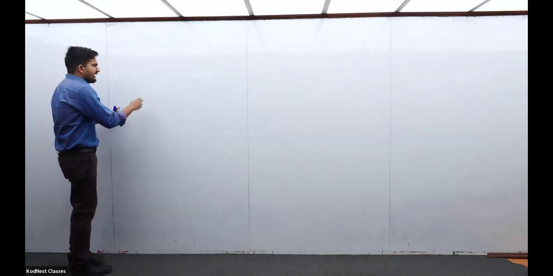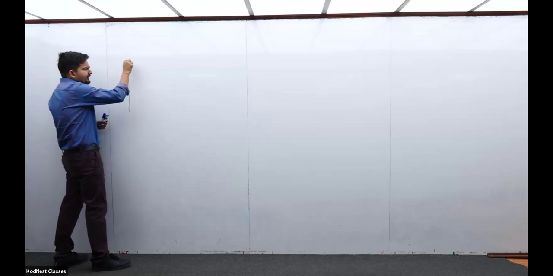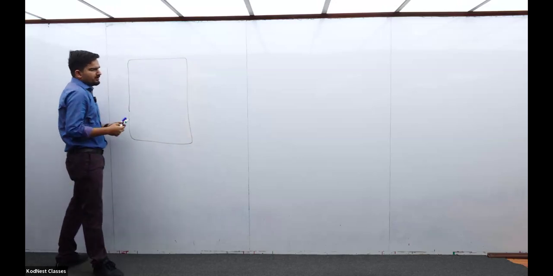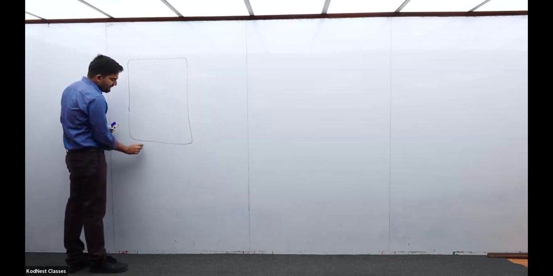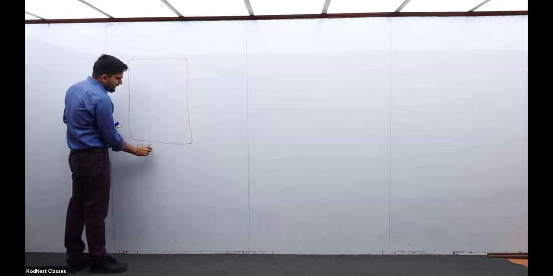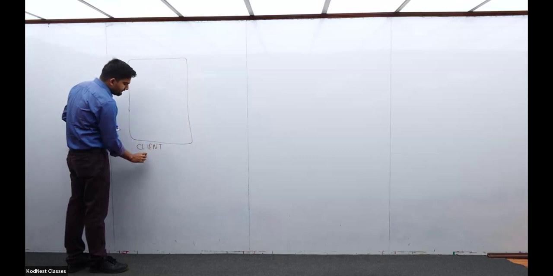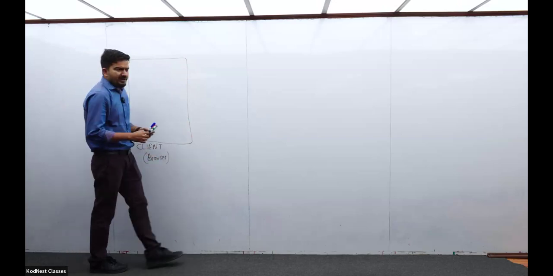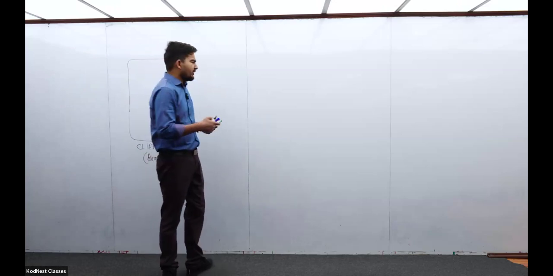So what all things we are having is, let's suppose, the front end part. Maybe this is the client, that means the browser. We are also having the server side where our entire code will be deployed.